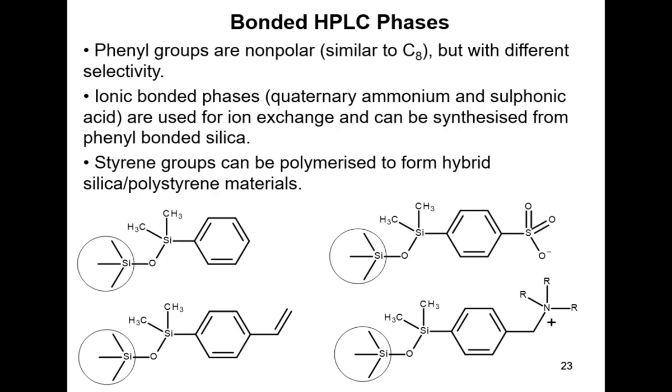You can have these styrene groups, so a benzene ring with an extra carbon-carbon double bond, and these can undergo free radical polymerization to give you a thin layer of polystyrene on the surface.